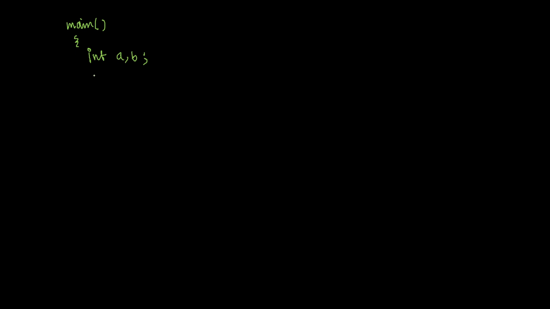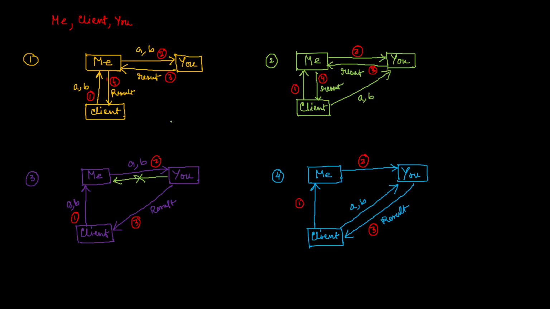In the same way, I have hard coded the values of A and B, and you can simply scan the data from the keyboard. And then I have called the sum function with the parameters A and B, because according to case number 3, I have given the input data as a parameter.